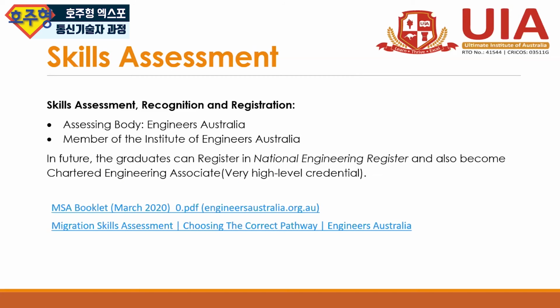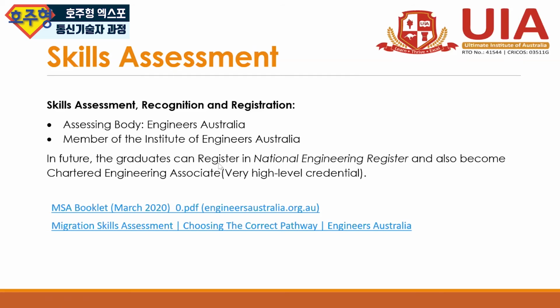So moving forward, after finishing that qualification, you are eligible to become a member of Engineers Australia. You will get a title called associate member of Engineers Australia, and you can put that next to your name like a post nominal.